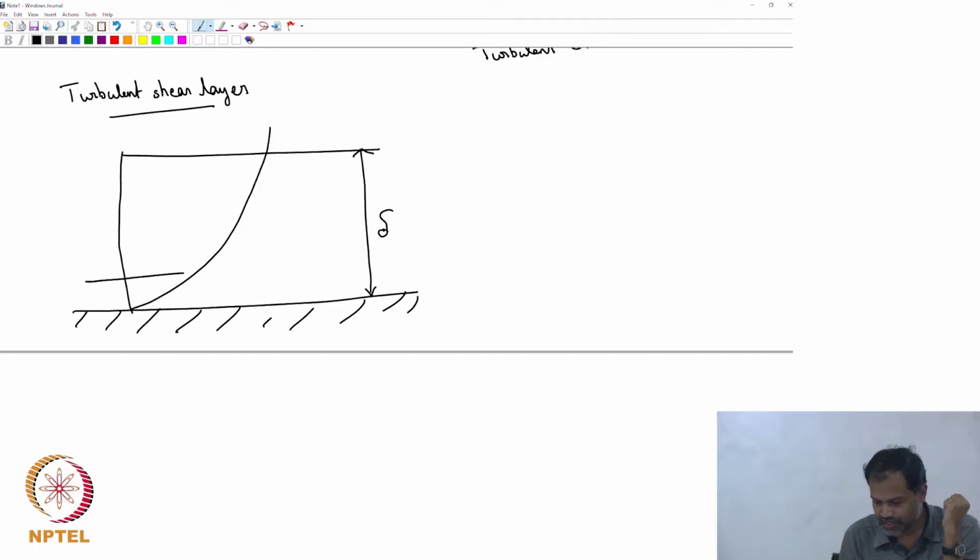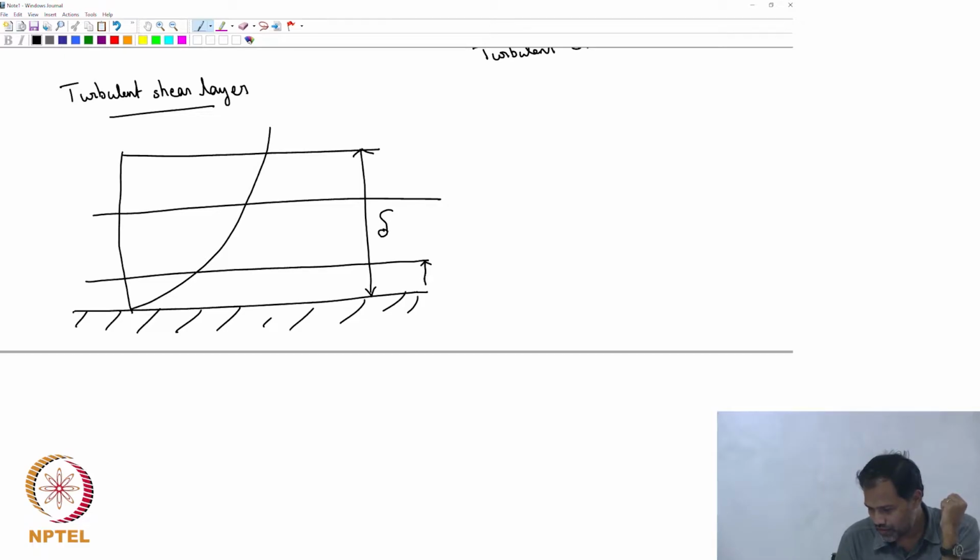The first layer, a layer very close to the wall. What do you think the turbulence stresses would be in that region?